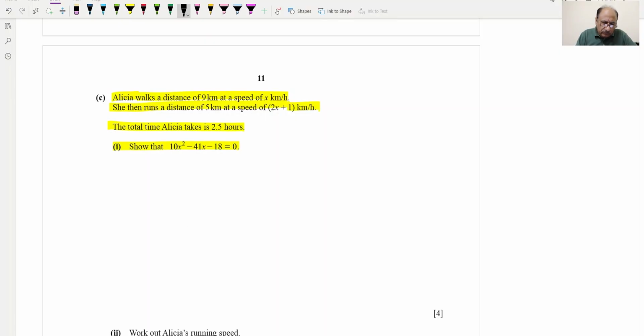So speed, we know speed is equal to distance over time. x is the speed, and 9 kilometer is the distance, and time we can take as t1.